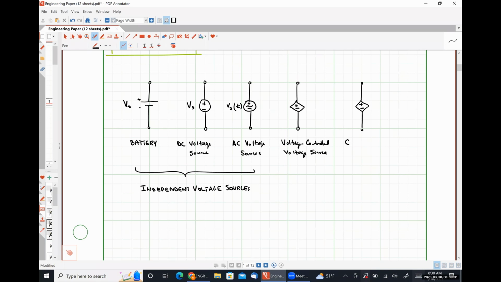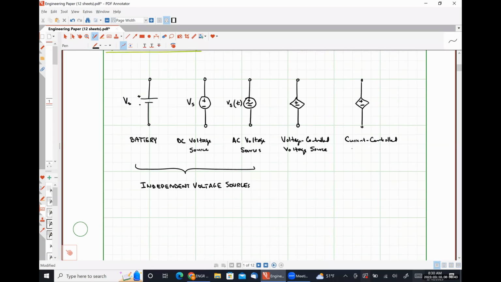And on the right-hand side, this is going to be a current controlled voltage source, excuse me. And these are both examples of dependent voltage sources.